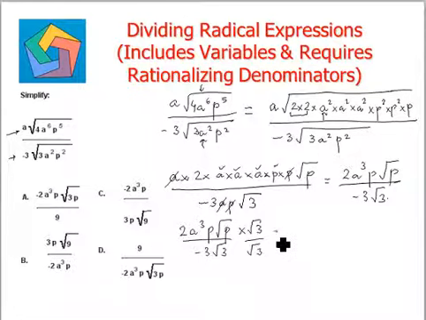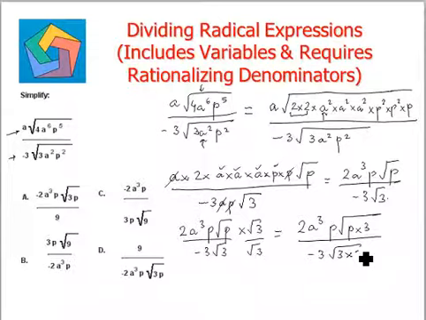So now we'll put the terms on the numerator together. So we have 2a cubed b, inside the radical we have b times 3, while in the denominator we have negative 3, inside the radical 3 times 3.